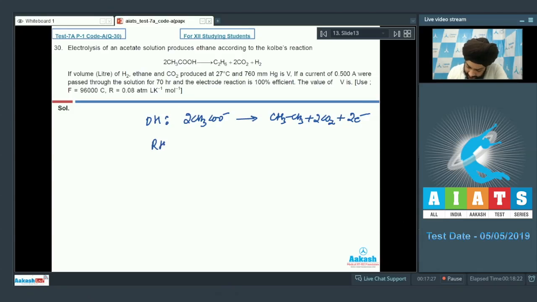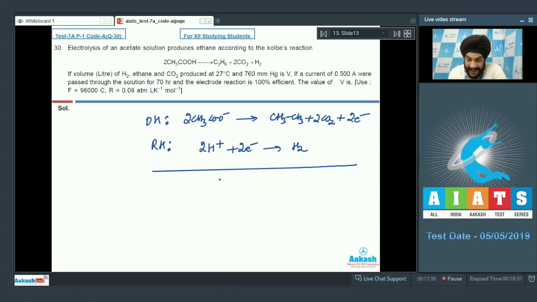We can also have the reduction half. We can have 2H plus gaining 2 electrons and giving us H2. So we can have the balanced reaction now. We have 2CH3COO minus on the left hand side giving us CH3CH3, 2CO2 and H2.